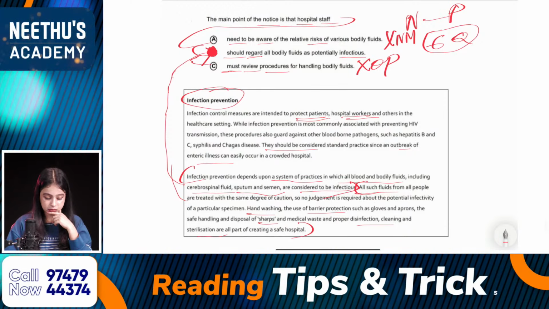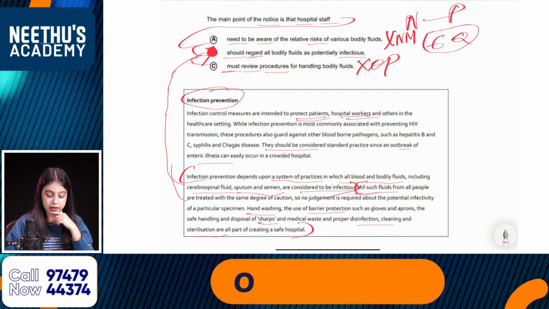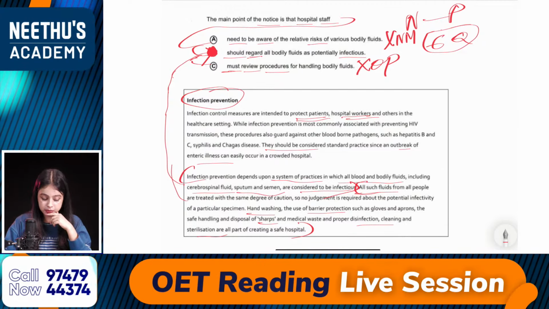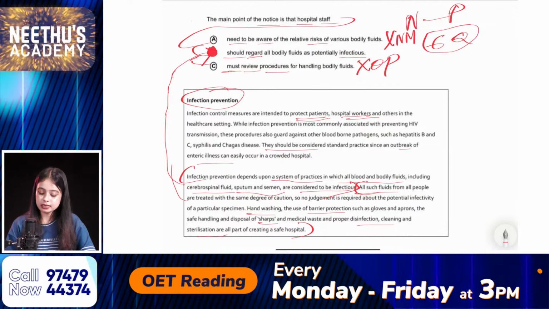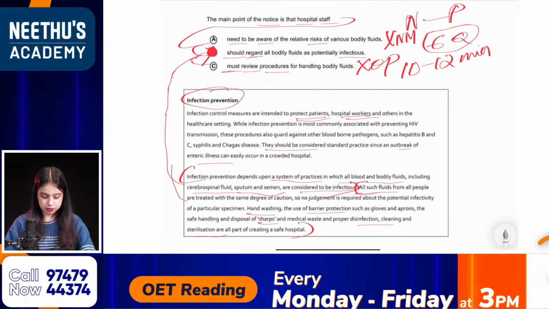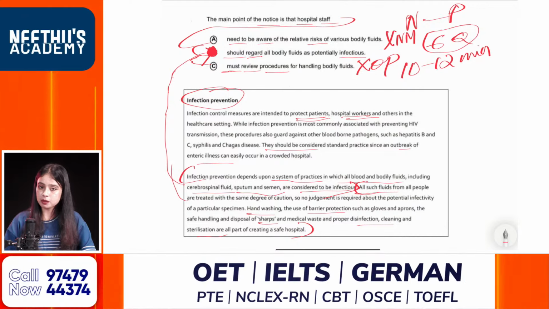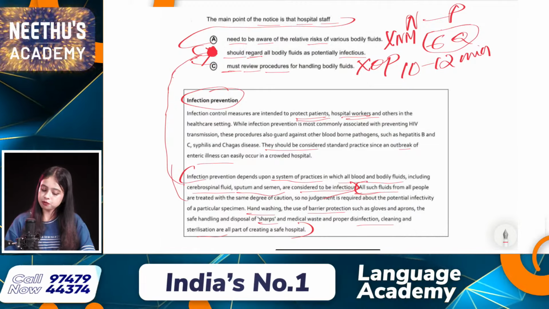Okay, Riba, it's 10 to 12 minutes. Then there is no separate time for part B and C. It's almost 45 minutes for part B and C, and you can take a maximum of 10 to 12 minutes for the completion of part B.